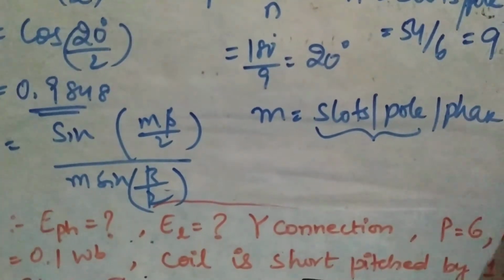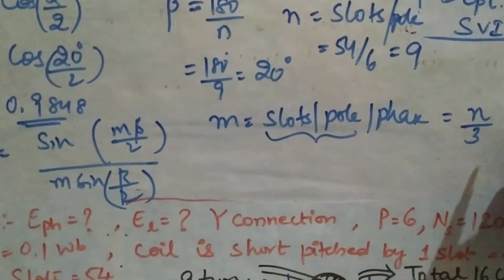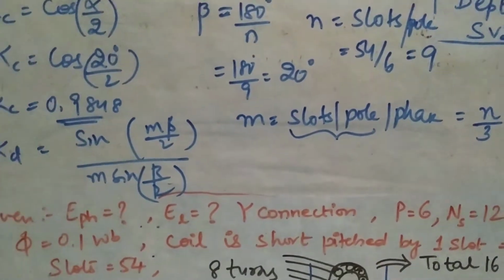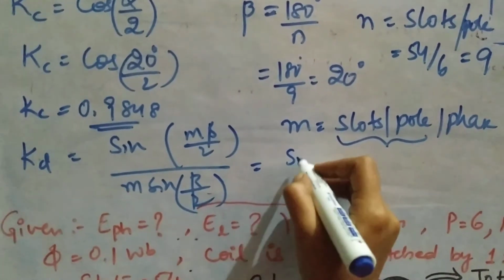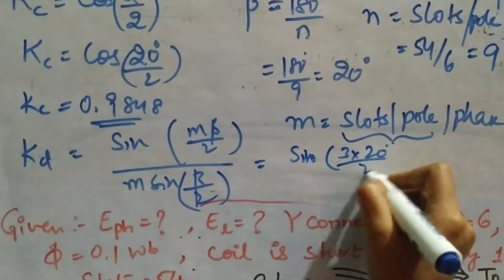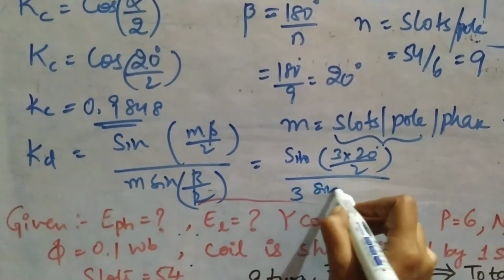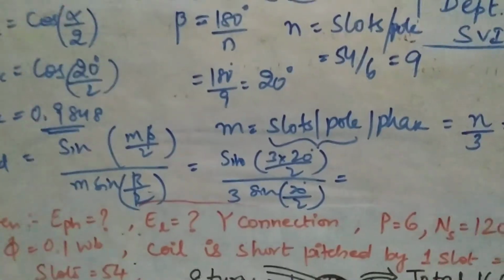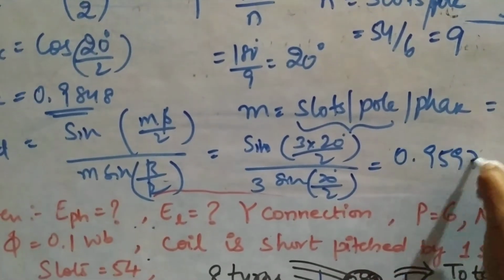Per phase means it is 3 phase, so it is n by 3. We have n as 9, so 9 by 3 results in 3. Therefore we can substitute the values: sine of 3 multiplied by 20 divided by 2, divided by 3 into sine of 20 degrees divided by 2. It results in 0.9597.